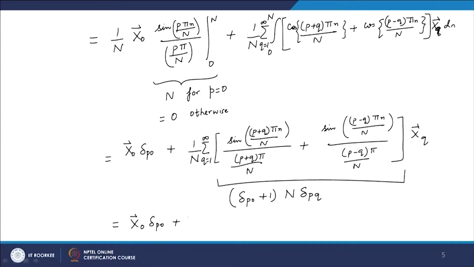So, what we have here is essentially x p. Okay. So, this is how we have shown that the inverse transform follows the relation that we have provided here by using the definition of the transform itself.